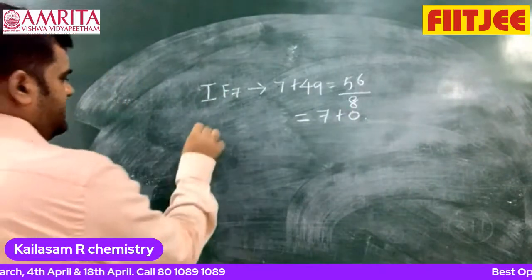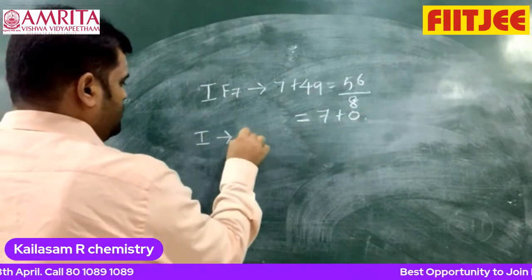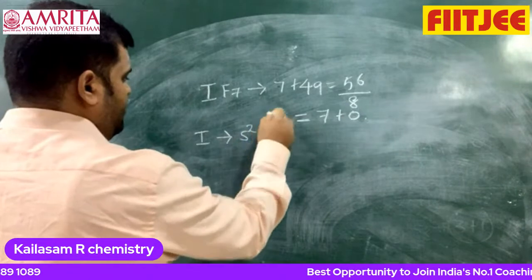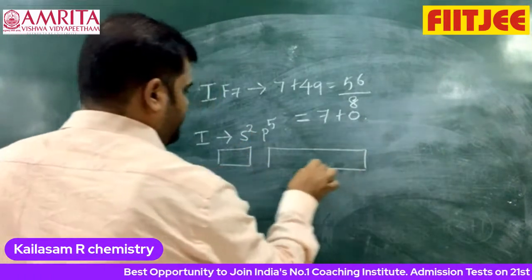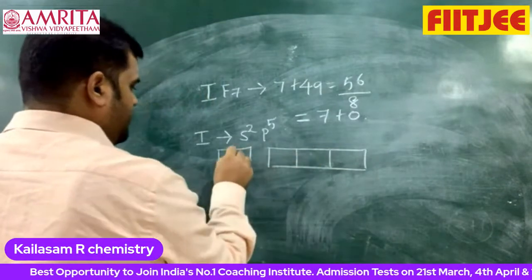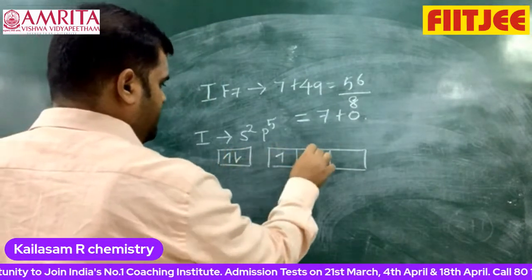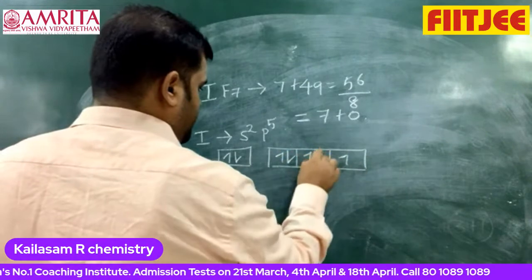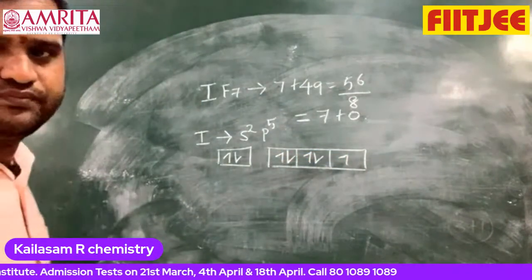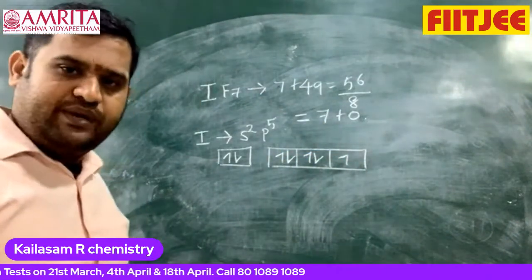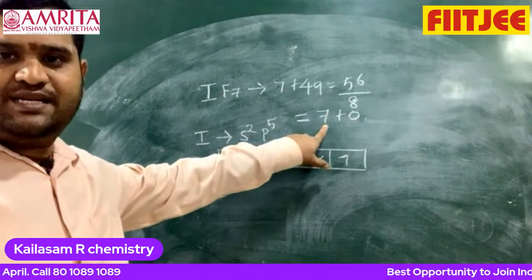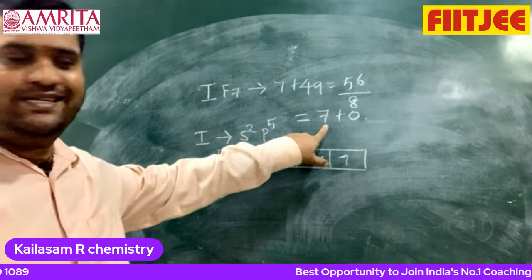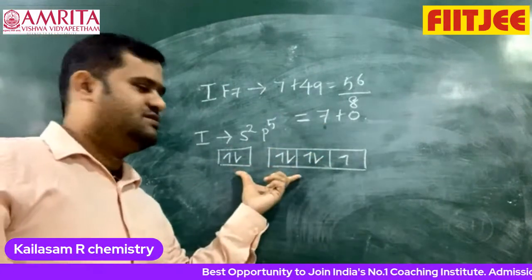Now the central atom iodine is 5s2 5p5. As per VSEPR, the central atom should have 7 unpaired electrons in the excited state. You have only one, so these 3 pairs I have to excite.